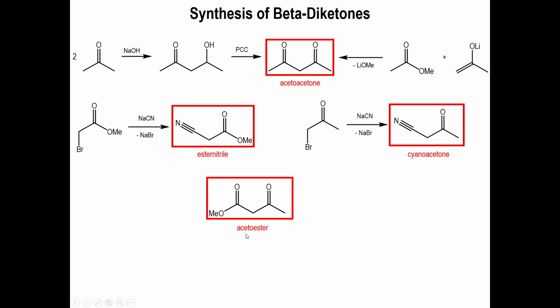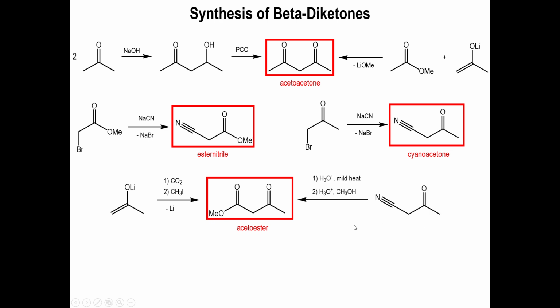Okay, then we have the acetoacetic ester, which we've already talked about. Basically, the way you make that is via the Claisen condensation reaction, or alternatively, you could first make the enolate version of the ketone, react it with CO2, and then quench that with an alkyl halide to produce your final ester.